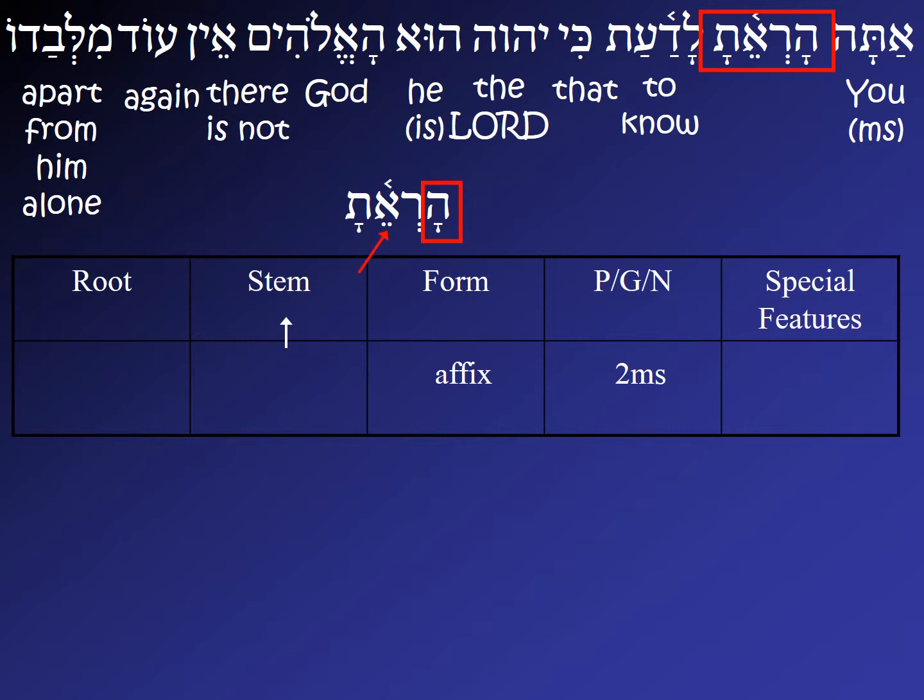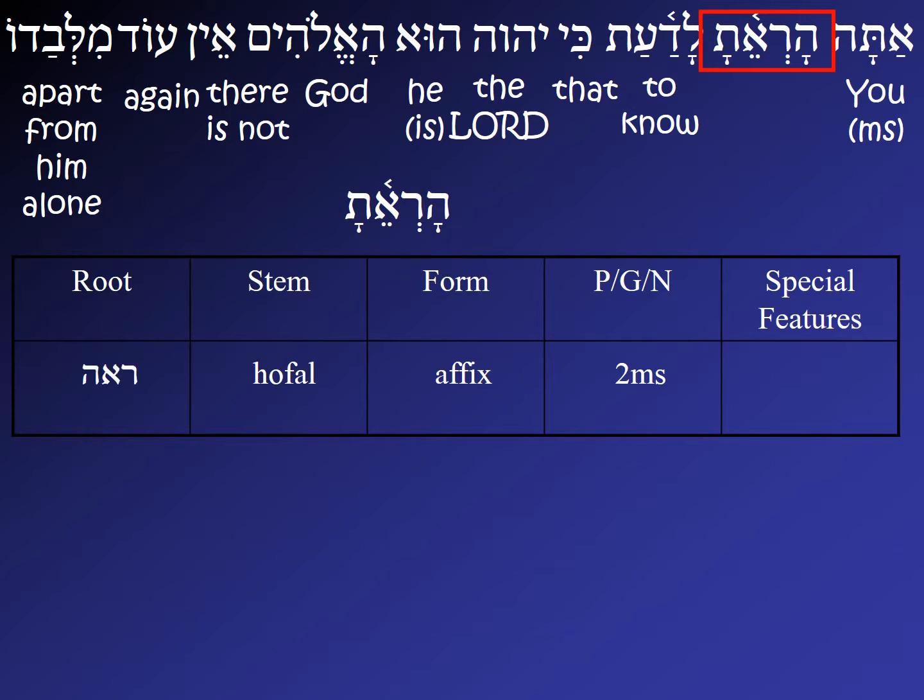This E-class vowel here also might make us think hifil, although we will see in a minute that this is not a reliable marker. The reason we will be skeptical of hifil, of course, is because of this O-class vowel, horeta. So what we have here is a hifil, but with a U-class vowel in the first syllable. So instead of hifil, we have hufal, or hofal.